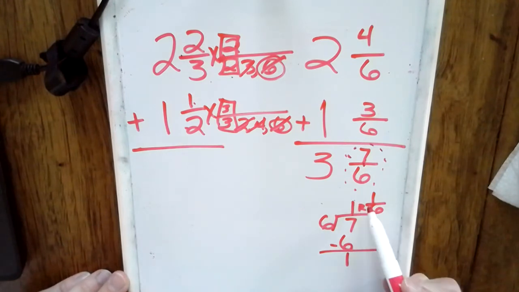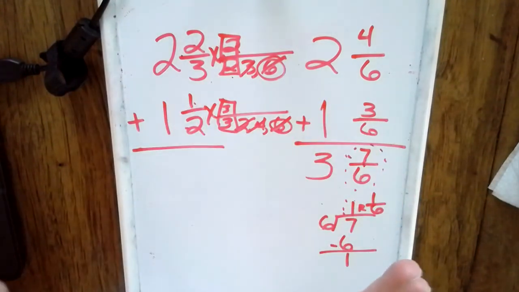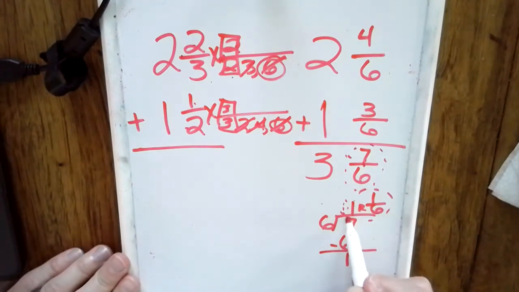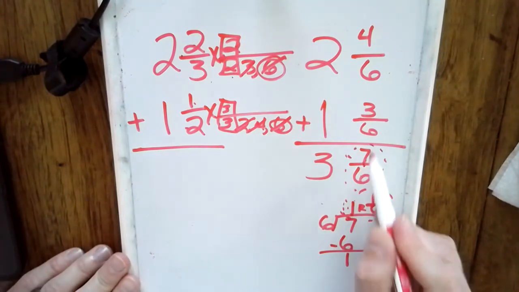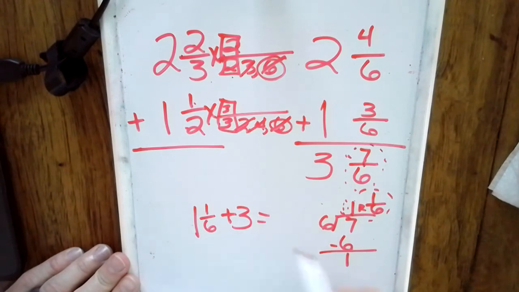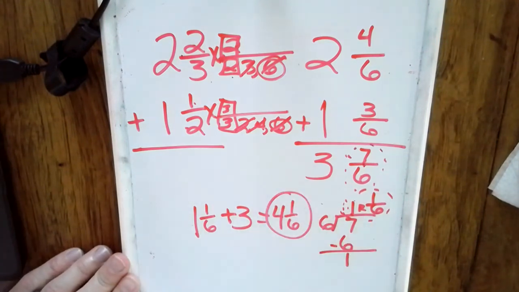Again, another secret step. You're going to be like, whew, look at all this work that I did, I've got to be finished. Not yet. You've got to take this 1 and 1/6, which just represents 7/6, and add 3, which is going to equal 4 and 1/6.